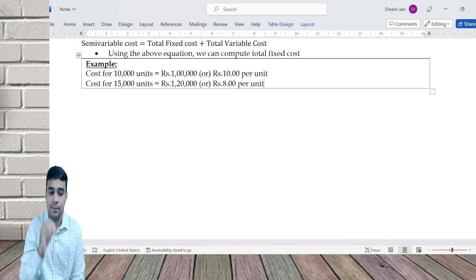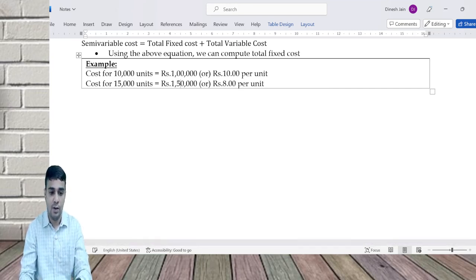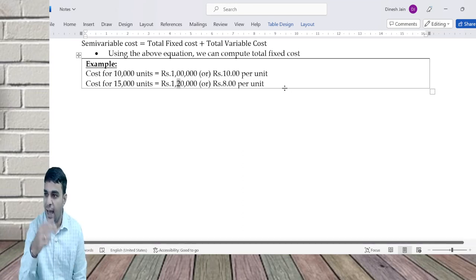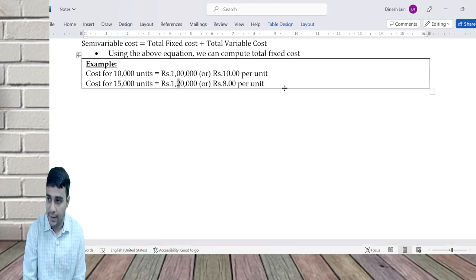If it was 1 lakh 50 with 10 per unit the same, it's a variable cost. Unfortunately, neither the 1 lakh and 120 is remaining the same, nor 10 and 8. So this is a semi-variable cost.